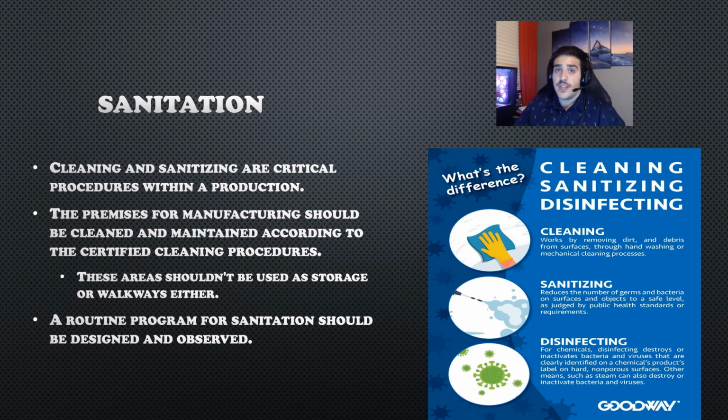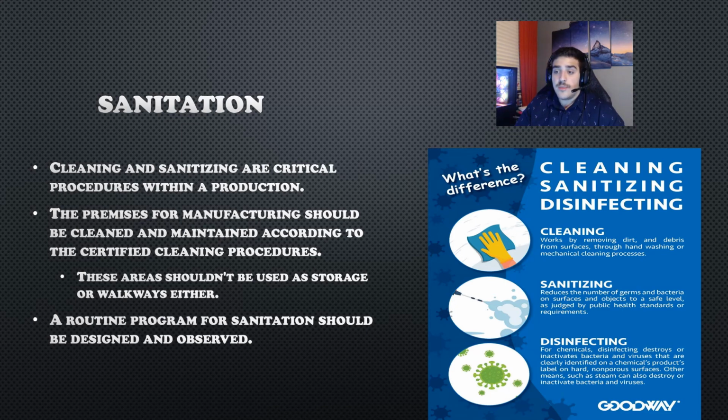Next, you have sanitation. Cleaning and sanitizing are critical procedures within a production, especially to stop cross-contamination. The premises for manufacturing should be cleaned and maintained according to the certified cleaning procedures.